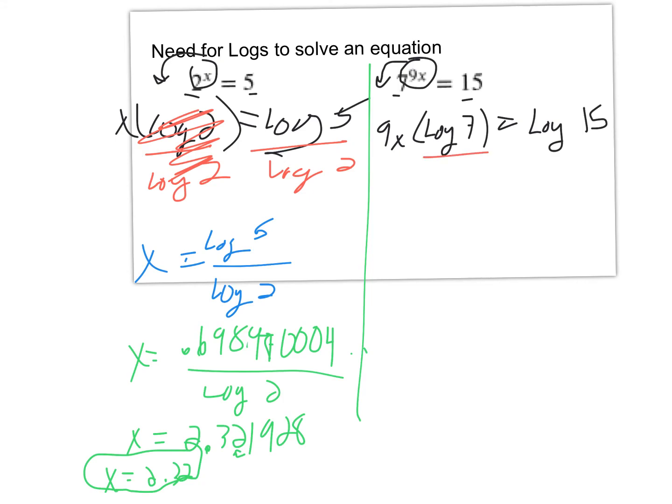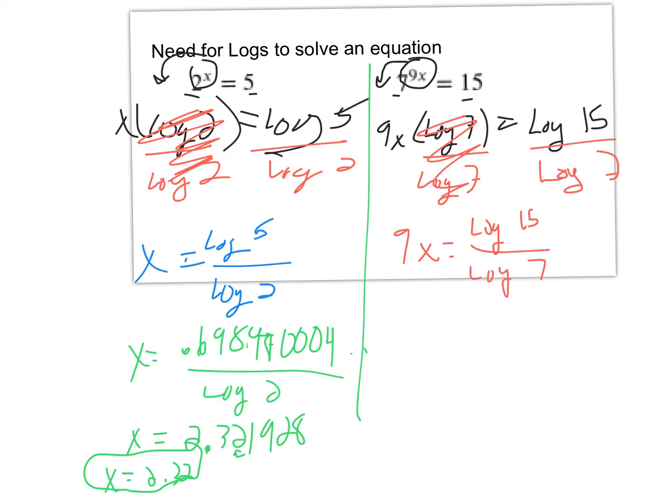Now, just like we've been doing, we're going to divide by log 7. So this cancels. I'm left with 9x is equal to log 15 divided by log 7.